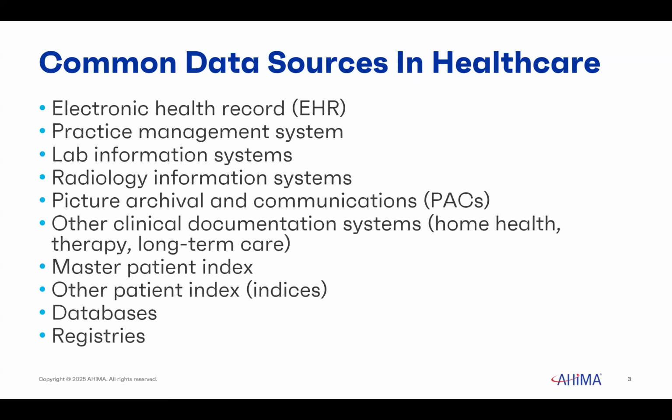We've covered databases a little bit, and if you've taken HIM 125, you've actually gotten to work with some databases, so I don't want to spend a whole lot of time on it. But related to that is the idea of registries. Whenever we say registry, the next thing that people want to associate it with is cancer, but there are actually diabetes registries, IBD registries, depression registries, all different types of registries in healthcare.